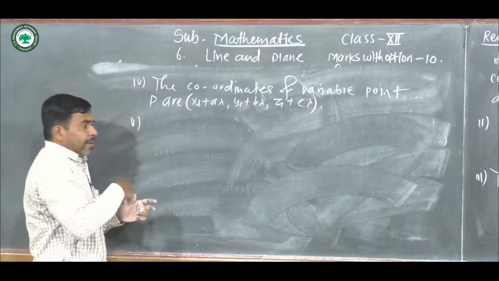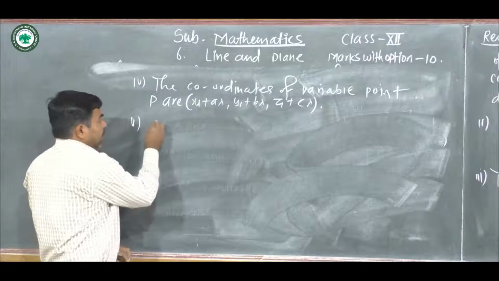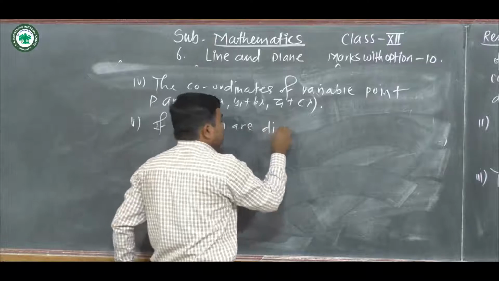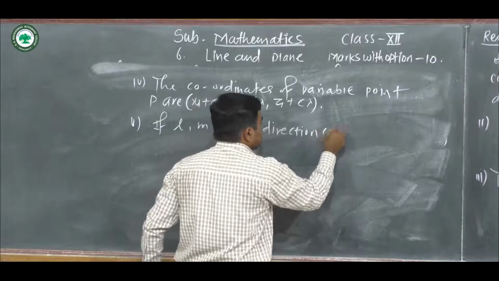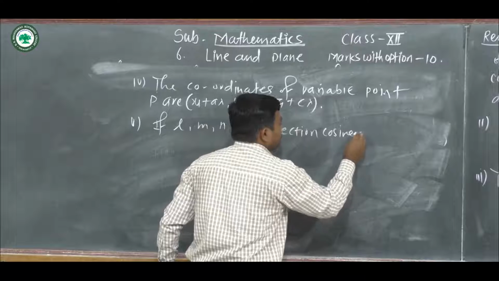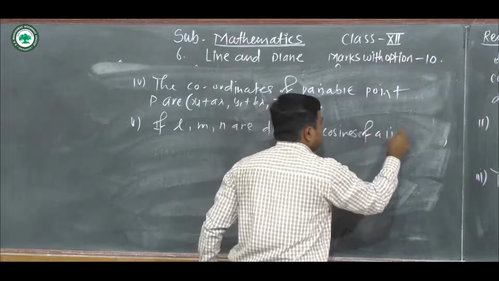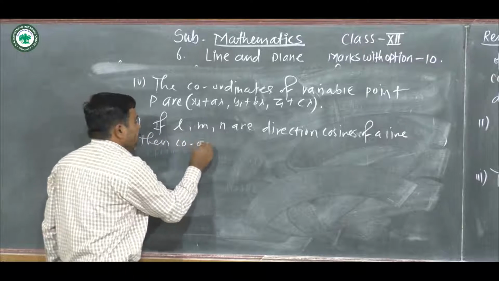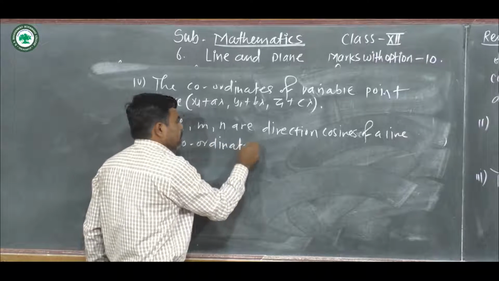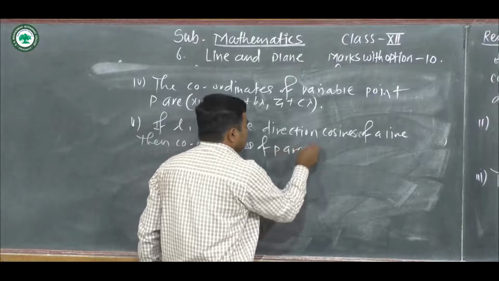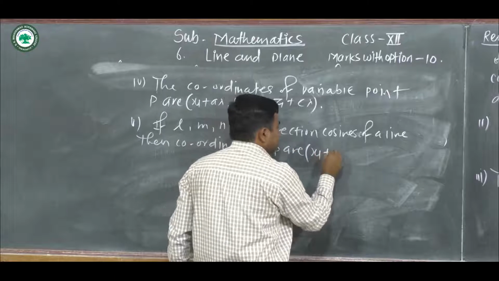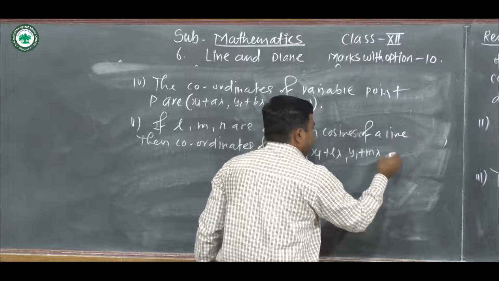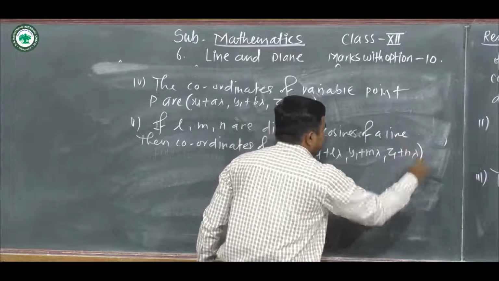If direction cosines are known, if l, m, n are direction cosines of a line, then coordinates of P are x1 plus l lambda, y1 plus m lambda, z1 plus n lambda.